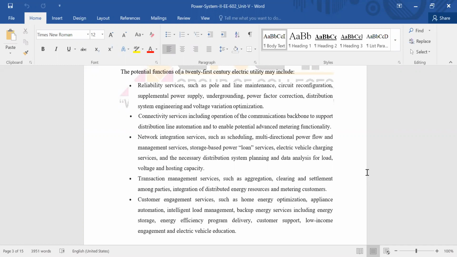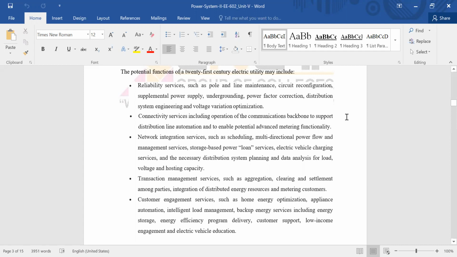Connectivity services include the operation of the communication backbone for distribution automation. Then network integration services include scheduling, multi-directional power flow management services, vehicle charging services, necessary distribution system planning, and data analysis for load, voltage, and hosting capacity.